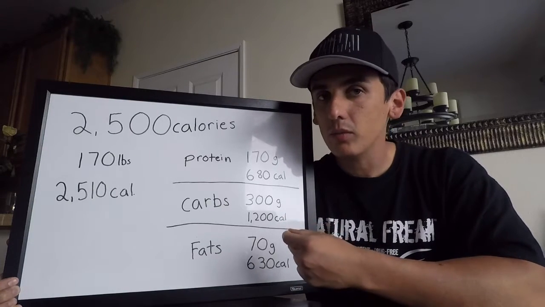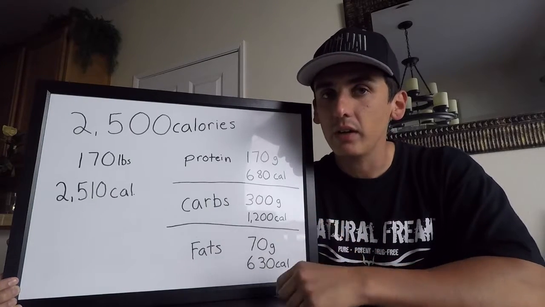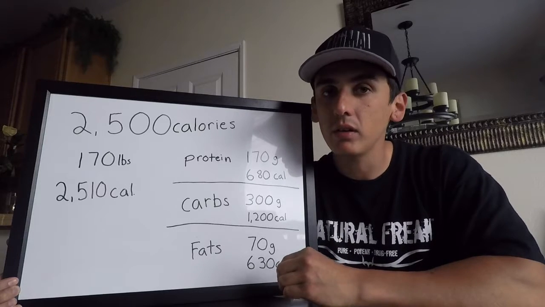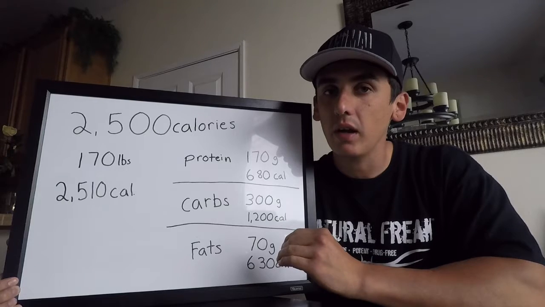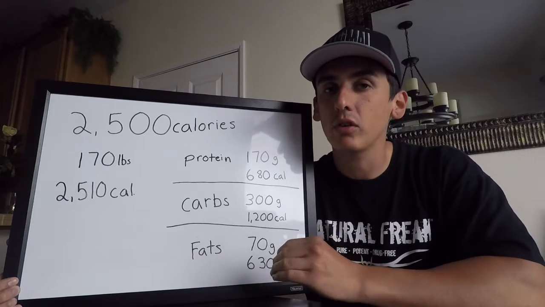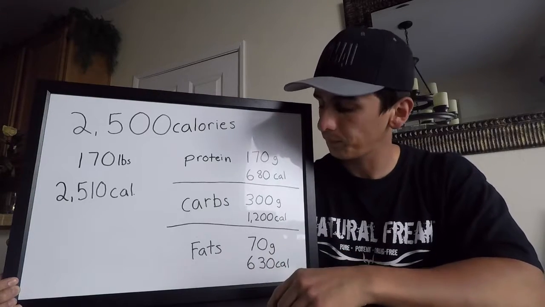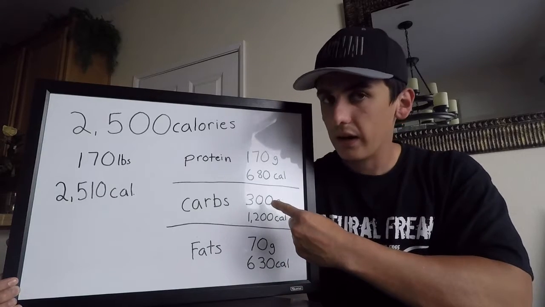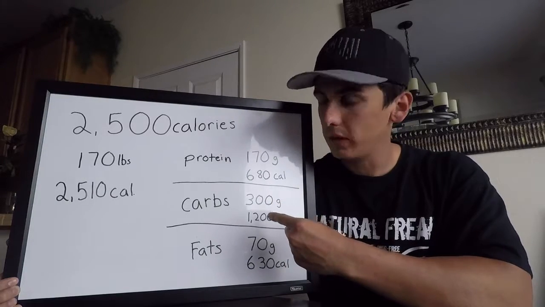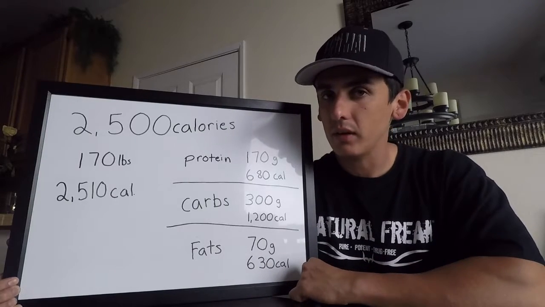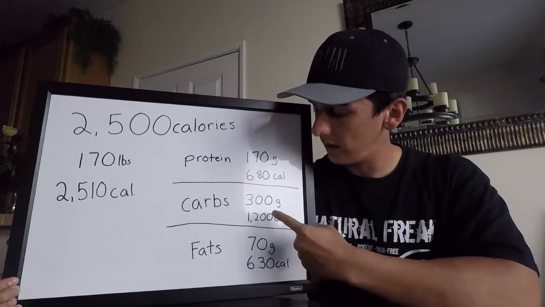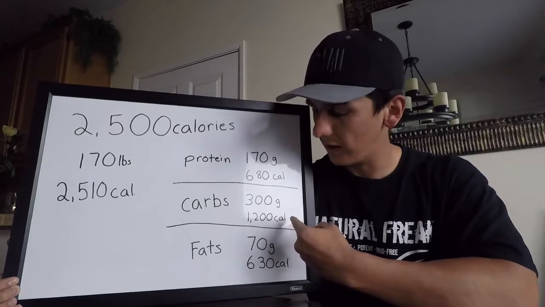Carbs produce energy. I am a very active person and I need a lot of carbs, and plus my body reacts well to carbs. So I pick a number and I pick 300 grams, and I multiply it by 4 and I have 1,200 calories.